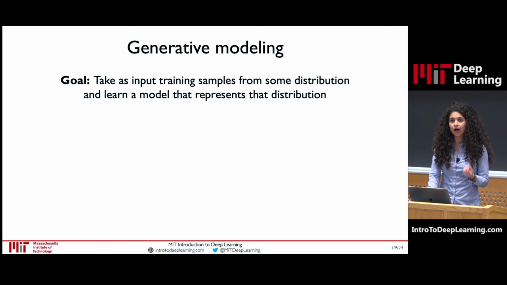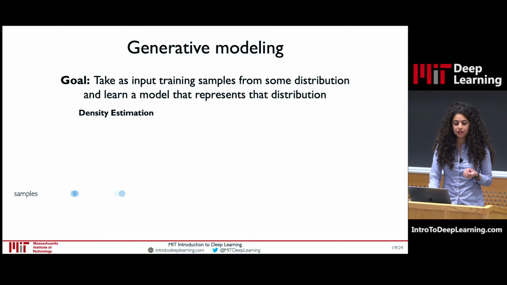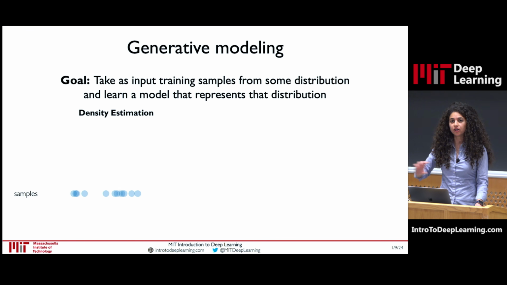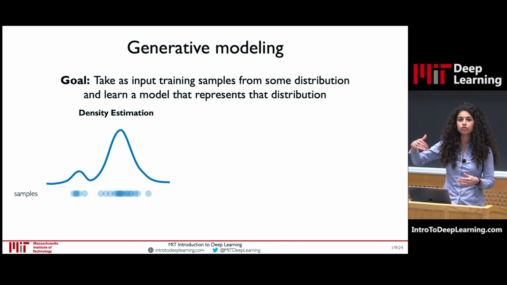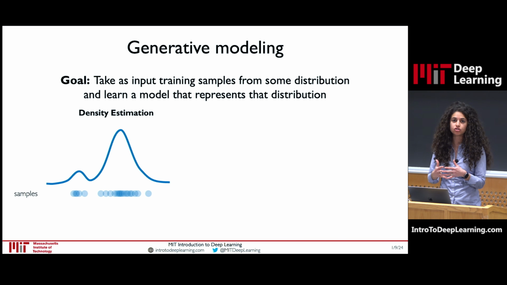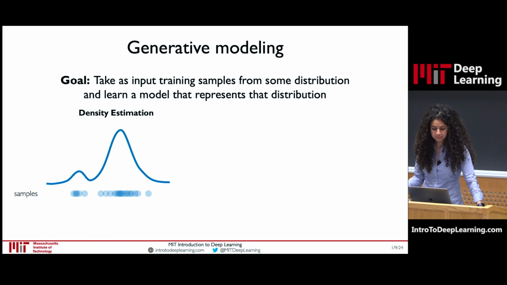What that means, and how that is realized, is in two principal ways. The first is that we can build models that perform what we call density estimation, meaning that these models see a bunch of different samples of data, and they learn to fit a function that models the probability distribution associated with how those data fall in some space.